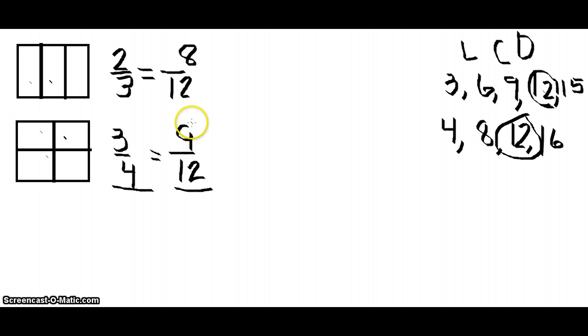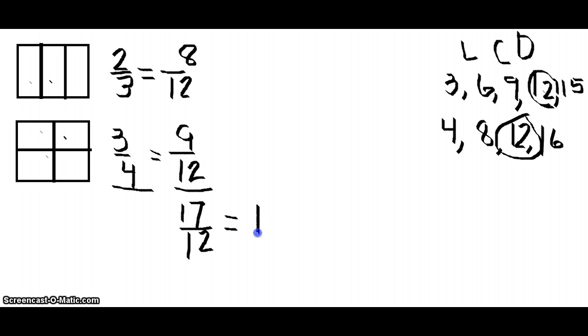Now we have common denominators, so we just add our numerators together. 8 plus 9 is 17. The denominator stays the same. It is 12. That is an improper fraction, so we must simplify it. Turn it into a mixed fraction. How many 12s are in 17?